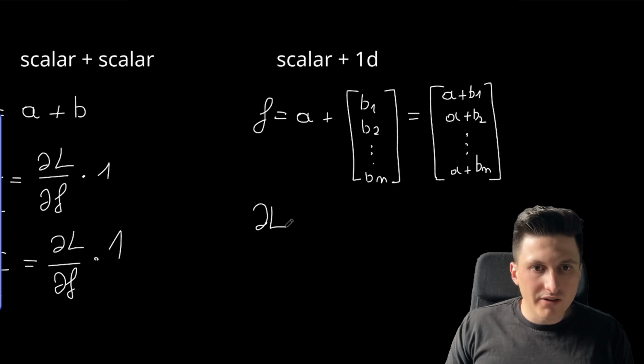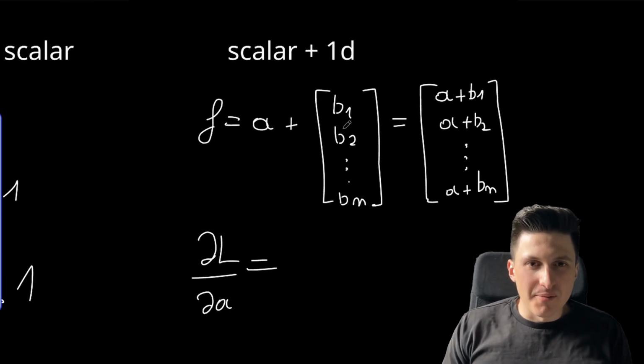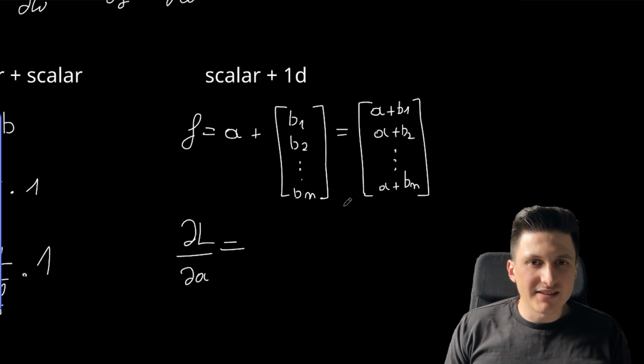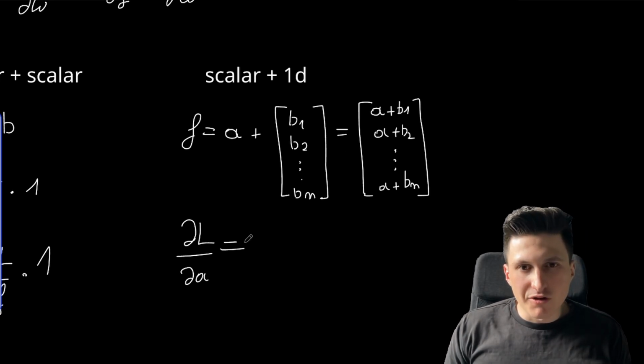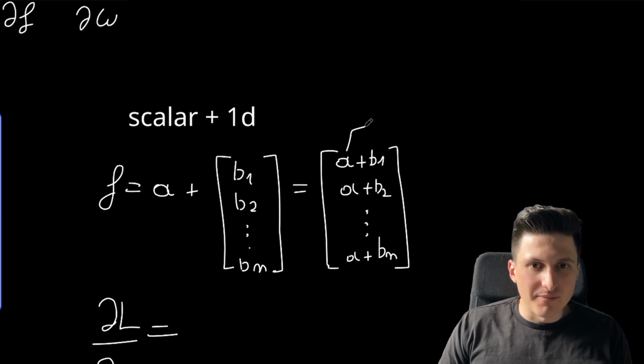But now, what is the derivative of the loss with respect to A? Well, it's a bit harder in this case because you should just realize that if you broadcast a tensor in the forward pass, in the backward pass you should actually do a sum. If you would have just taken this element and calculated the derivative to A, you would once again get a 1.